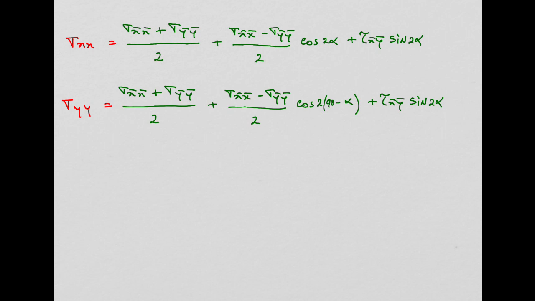Same thing here. So these are the stress transformations. They allow me to transform, in this case, from the laminar coordinate system, the one in green, to the global coordinate system, the one in red.